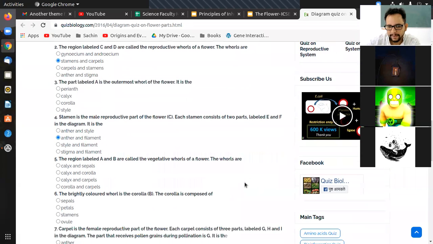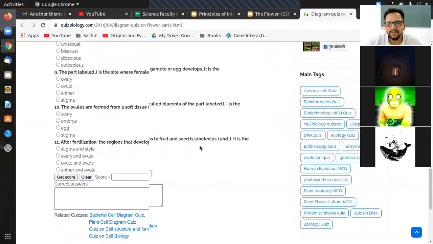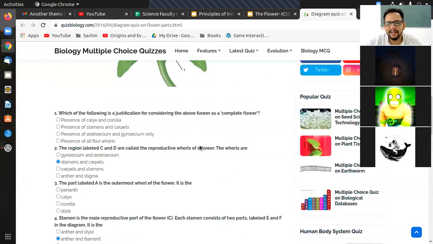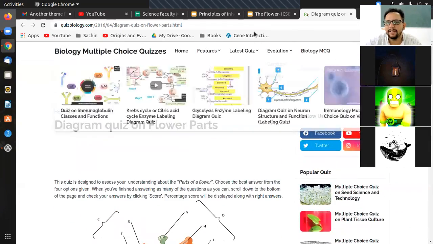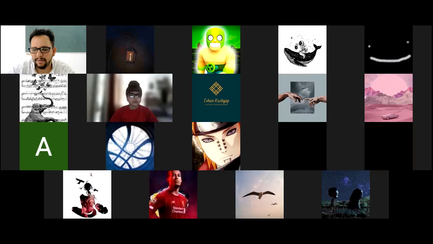Calyx and carpel, carpel is a reproductive structure. Corolla and carpel, again carpel is reproductive. So these two are wrong. So the second option, calyx and corolla, is the correct one. Okay, so you can go through these questions. If you have any difficulty, we can discuss it sometime in the next class. But we can stop here.